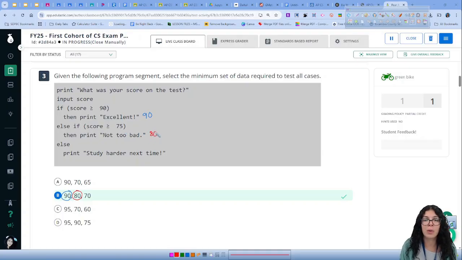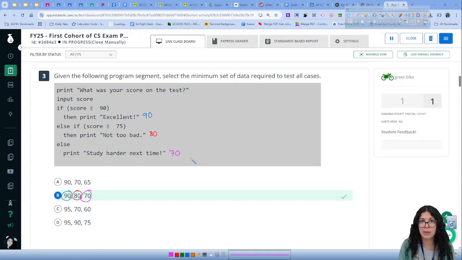So 80 will end up running the else if, and it will print not too bad. And then lastly, like we saw before, 70 will be false, and then else if 70 greater than or equal to 75 false, and so that will print the study harder next time. So notice that with 90, 80, and 70, we get all 3 tests for all 3 cases.